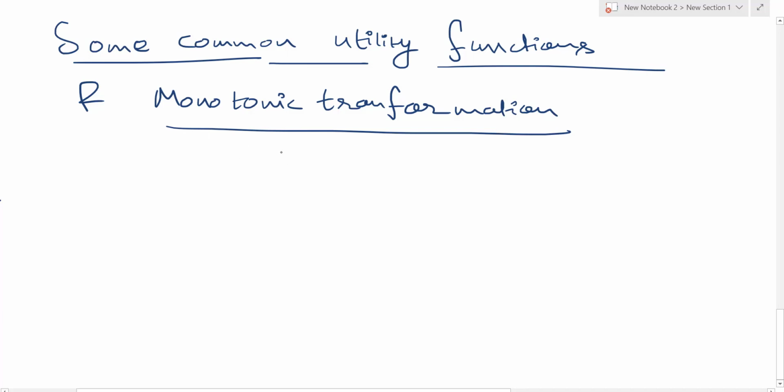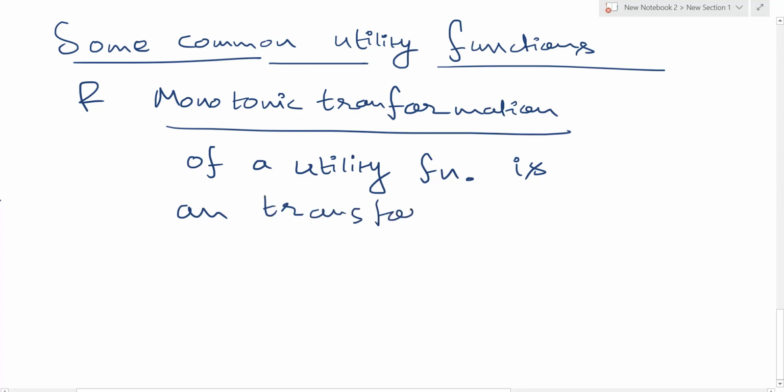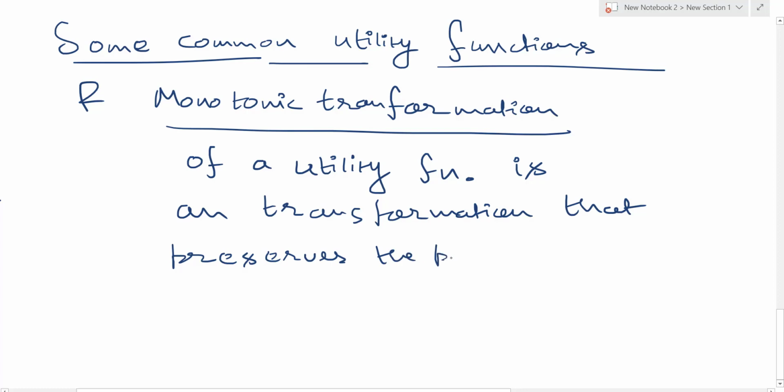So what do I mean by monotonic transformation? A monotonic transformation of a utility function is a transformation that preserves the preference ordering. Let me describe what I mean by this.